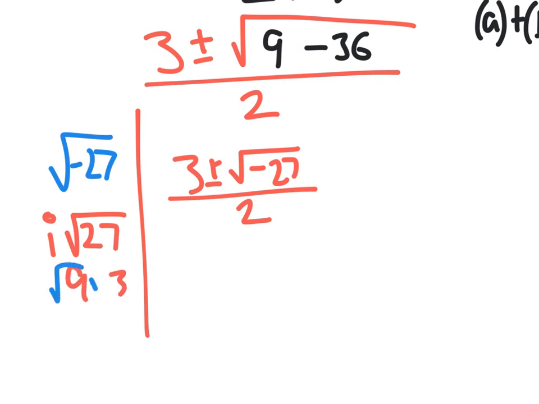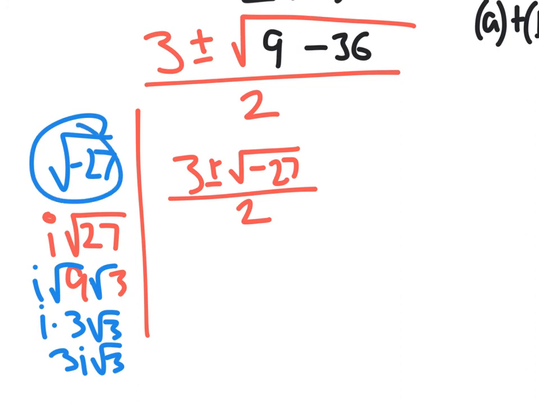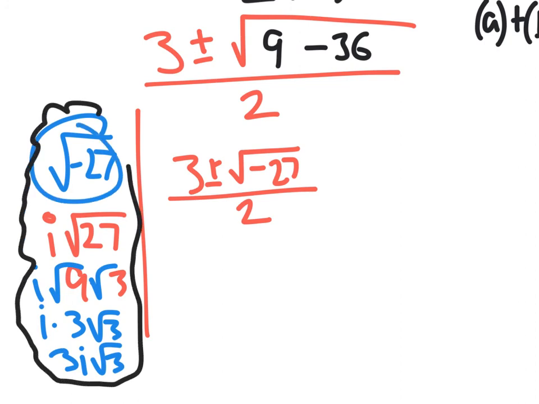And if you split the root and bring down the i, you're going to end up with i times 3 times the square root of 3, which means that you really have 3i square root of 3 instead of the square root of negative 27. Once again, this is all done just to be able to replace the square root of negative 27 with that 3i square root of 3 value.